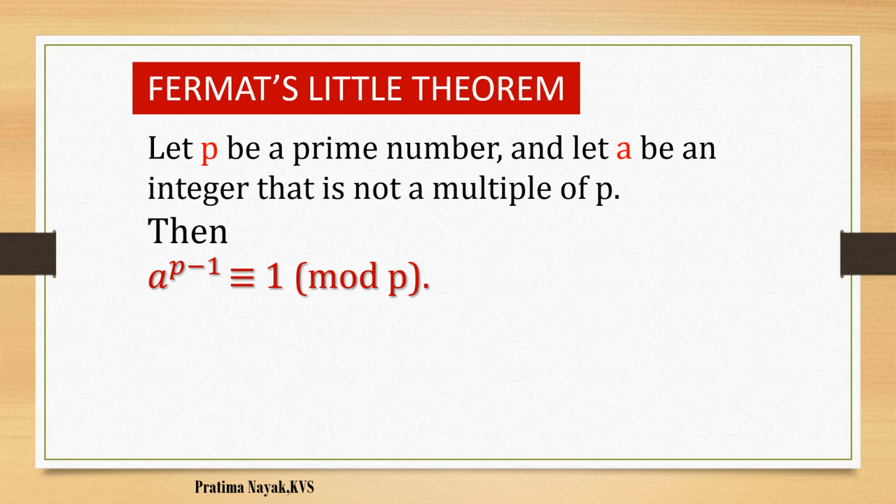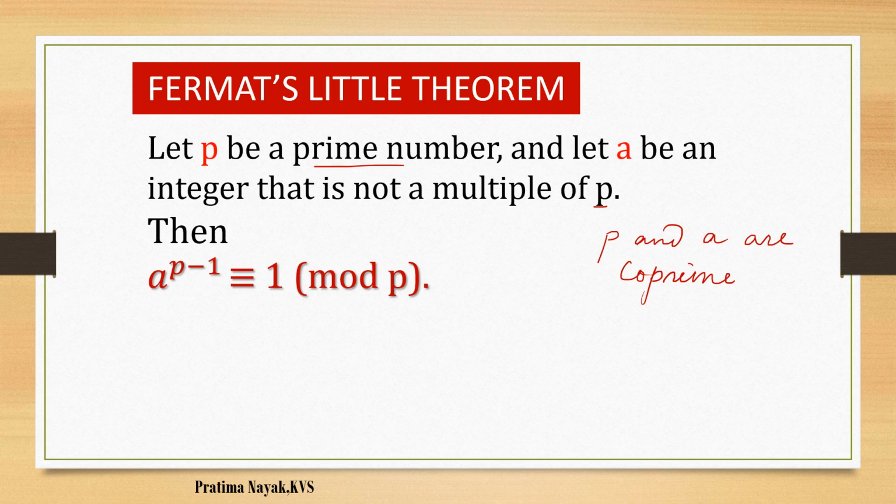Fermat's little theorem says: let P be a prime number and let A be an integer that is not a multiple of P. That means P and A are co-prime. Only then can we apply Fermat's little theorem.